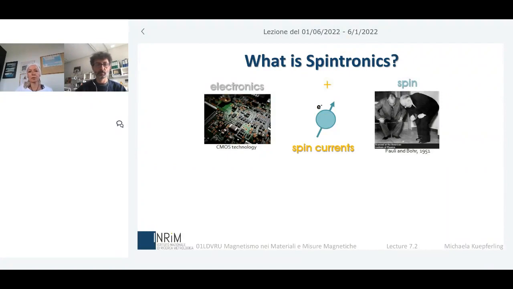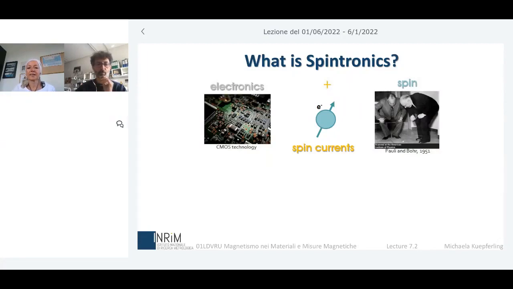But now let's move to our new topic, since we don't want to switch too much topic. This lecture, actually, I always tell the students, is not a lecture at all. This is to give you just a feeling of what research in magnetism is nowadays. In my first lecture, I told you that magnetism was studied already 4,000 years ago by humankind, and we are still studying it, and we are still doing research, and I think this is very interesting.